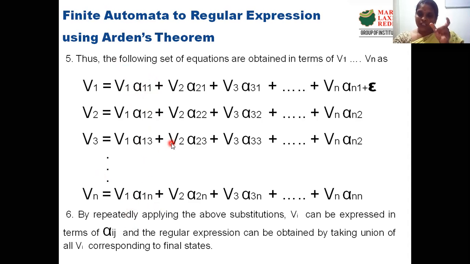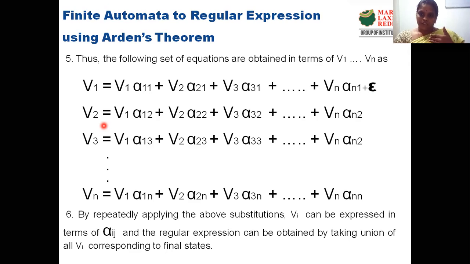For example, if the finite automata has n number of states, then to obtain the transition, we have to make a union of all these V's correspondingly such that we equate them to the final state. That means we have to arrive at the final state to say that our automata is accepting the given language, and thereby the regular expression also.